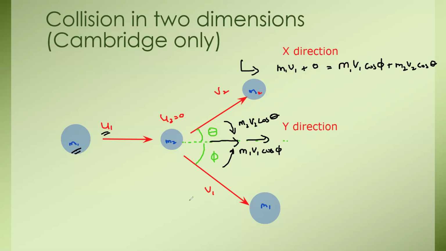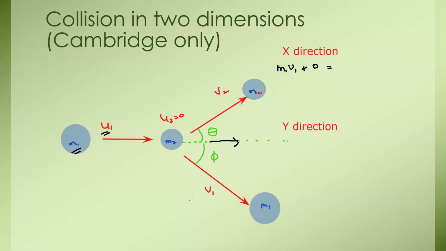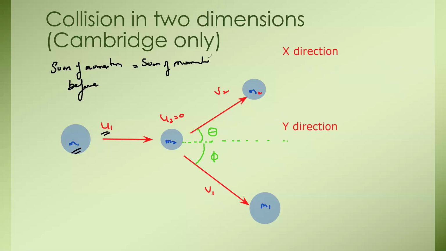Yes, I will repeat. Look, whenever objects are colliding and they change direction in x and y, we use conservation of momentum in both directions. What is the conservation of momentum? The sum of the momentum before must be equal to the sum of the momentum after.